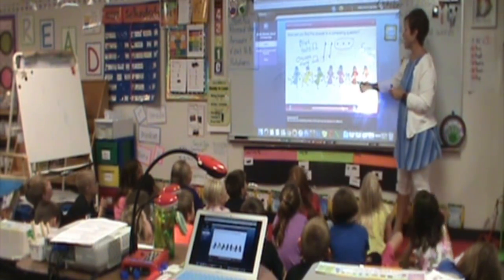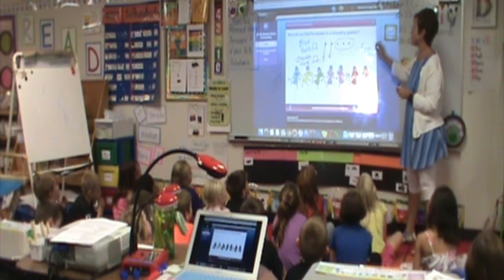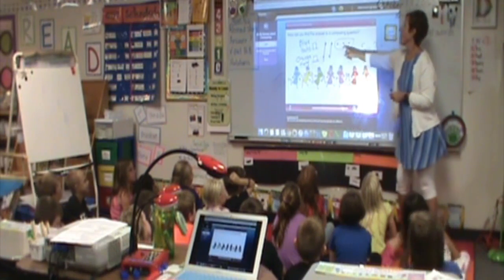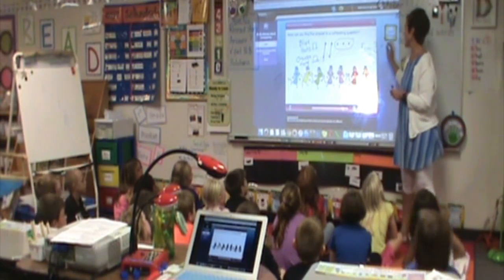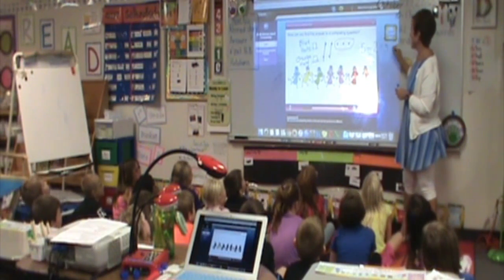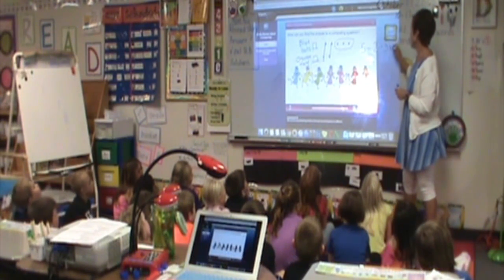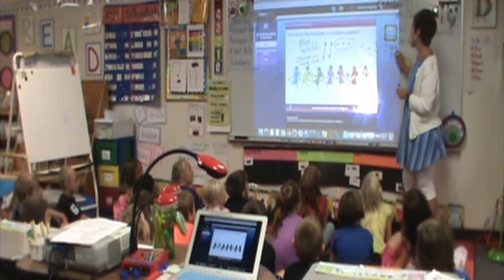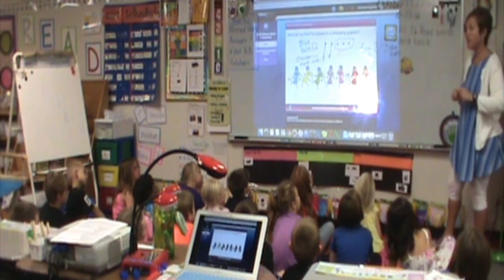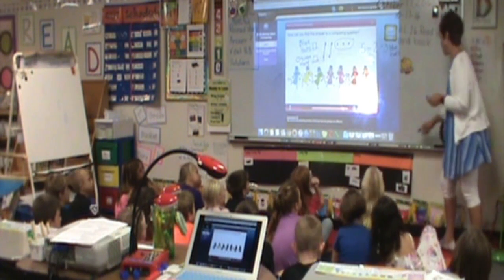Take away 1, 2 orange hats. 5 minus 2 equals 1, 2, 3. And my label is 3 blue hats. So that's how we're going to solve comparison problems today.